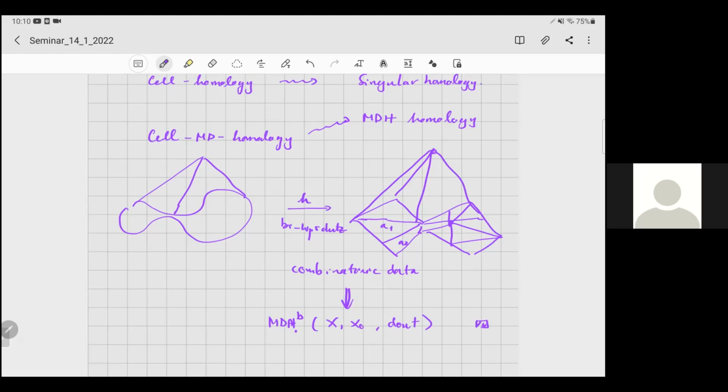And then you keep tracking, and you want to see when the homology changes.